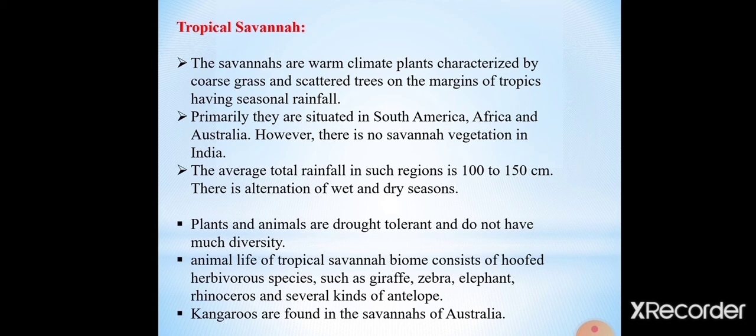Because of the availability of grasses in the savanna, there are many grazing animals. It is rich with herbivores like elephants, zebra, and buffalo. It receives about 59 inches of rain every year.